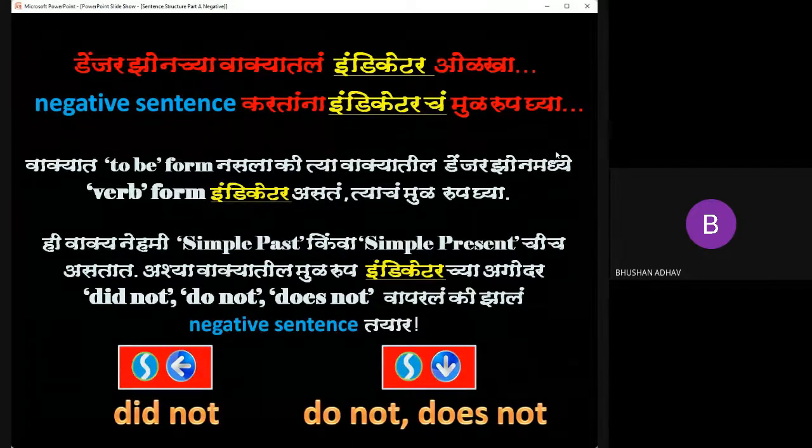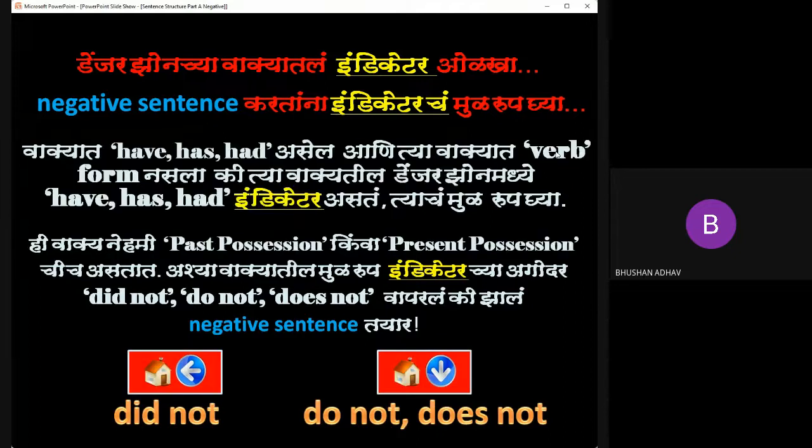Remember well that whenever you take did not, do not, or does not, the indicator verb, make it basic verb. And in the case of had, have, has, after that, if there is no verb, then the indicator is have, has, had, make it basic have.